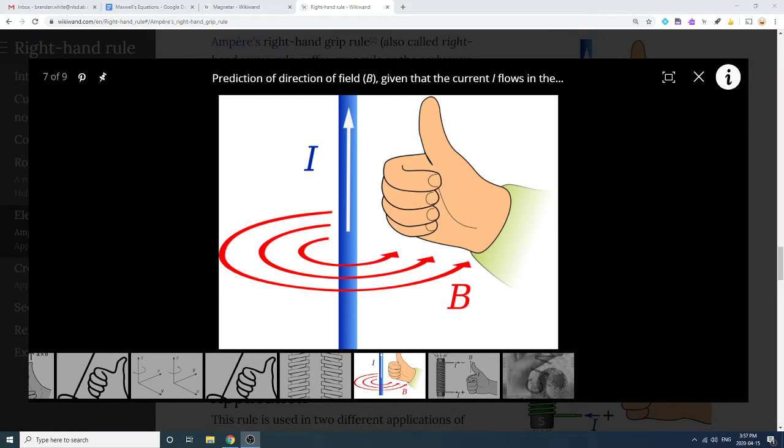And the other important aspect is, what does this represent? Well, this is charge, electricity moving. And when we have charge that's moving, it will generate a magnetic field. If the charge is moving straight, it generates a rotating magnetic field.